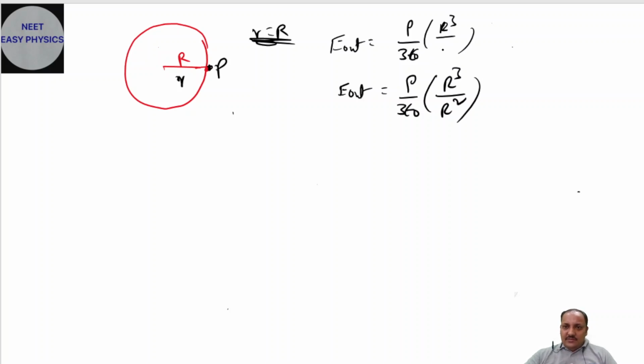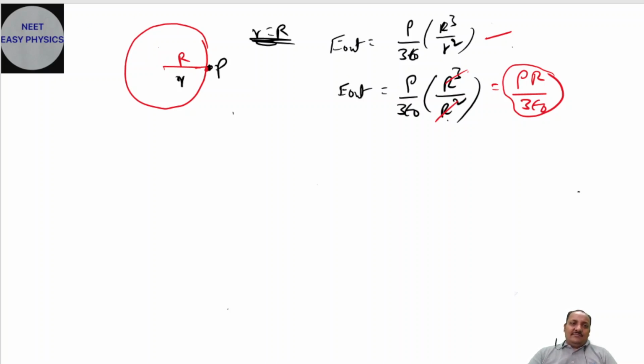In place of small r, capital R we got. What will be cancelled? R square, R will be cancelled. So rho capital R by 3 epsilon naught. This is on the surface. So outside it is rho by 3 epsilon naught, R cube by r square; on the shell it is rho R by 3 epsilon naught.